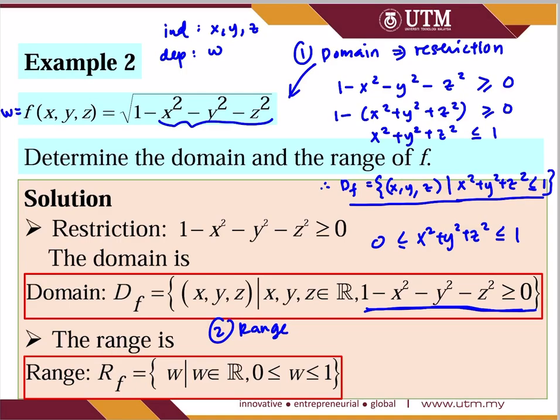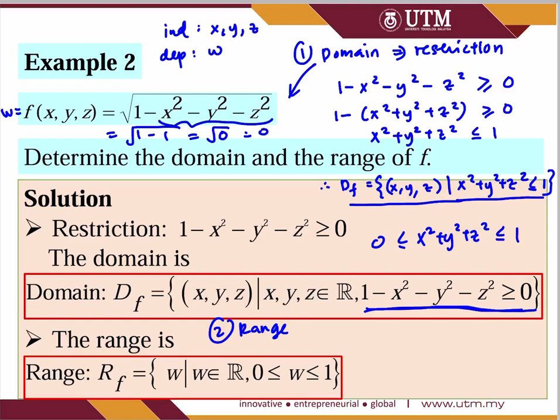Let's say we choose 0, so we'll have 1 minus 0, and we obtain 1. If we choose the value of 1, then 1 minus 1 is 0, so we obtain 0.